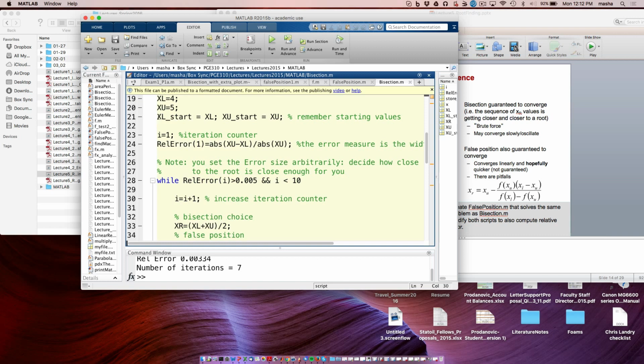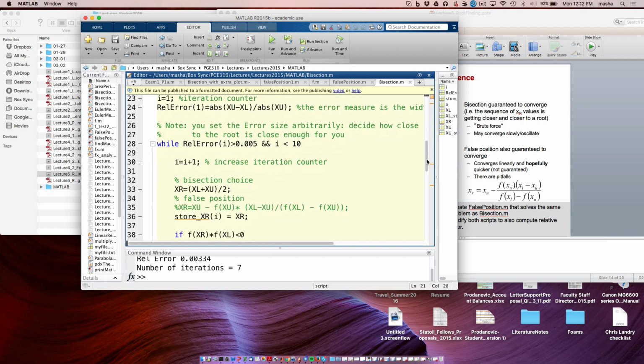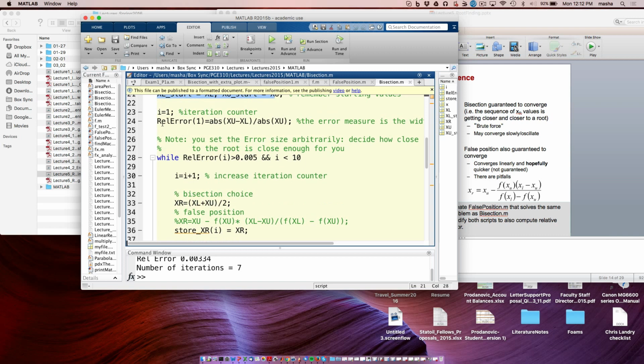And I'm just remembering them here because they will get overwritten. And I set my iteration counter to 1, and essentially I immediately compute my current relative error. When I don't know what my root is, I'm using my last 2 iterations as my error measure.